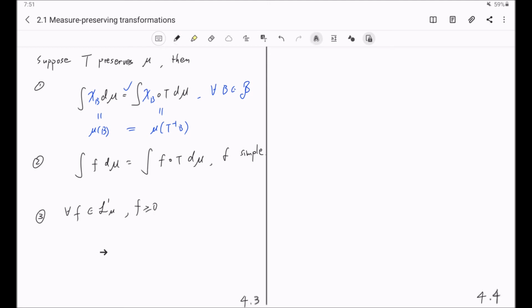And now we choose a sequence of simple functions increasing to f. So here it would be great if we change this notation f to s. In this step, we are going to choose the sequence of simple non-negative functions s increasing to f.